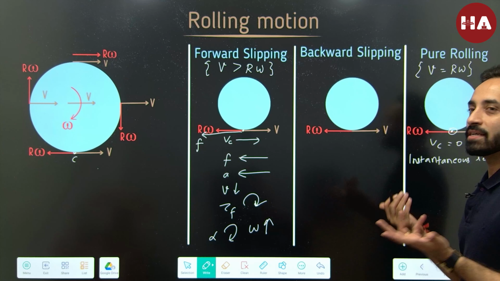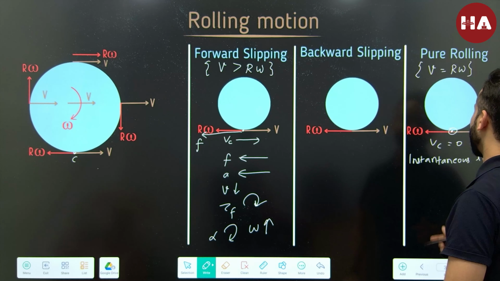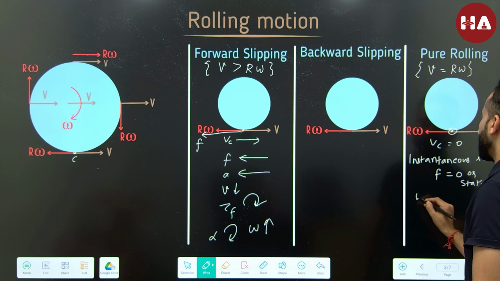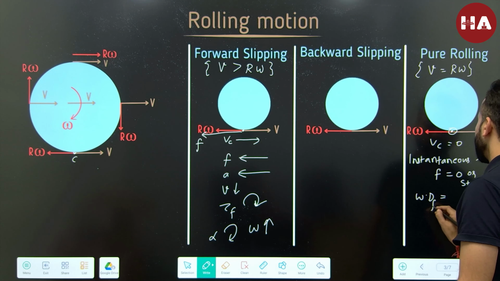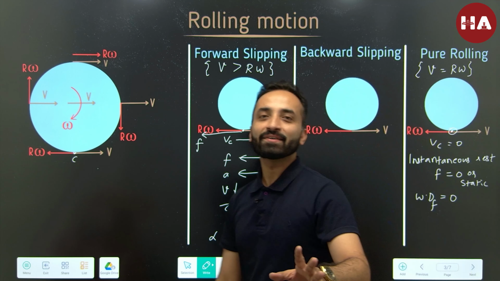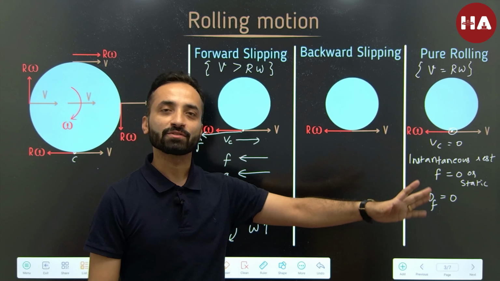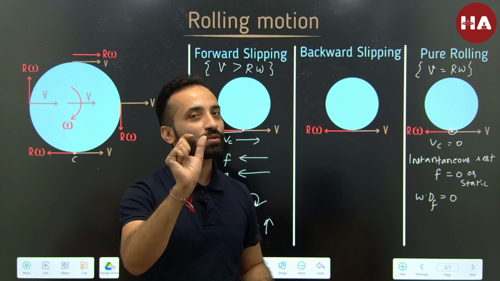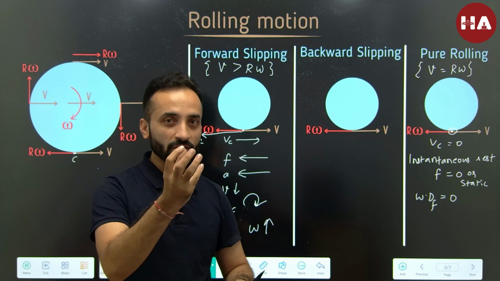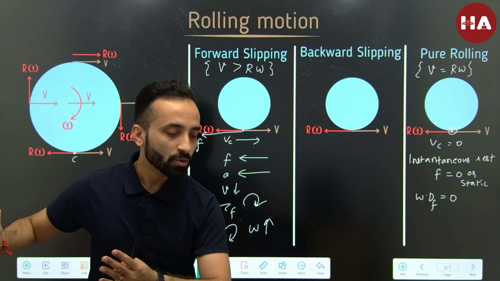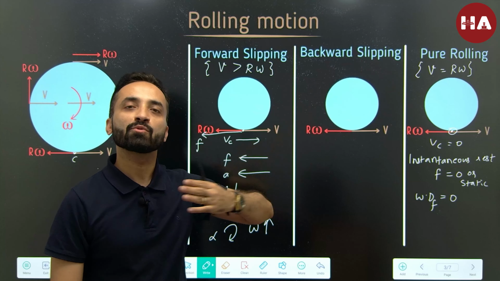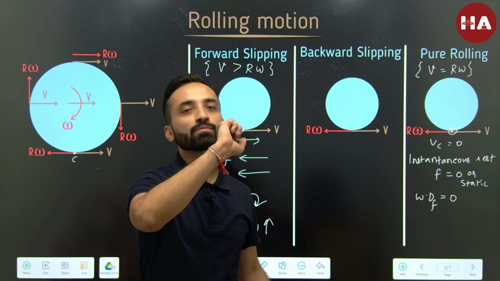So what is the need of friction? There is no need of friction, and we can say that friction is 0 or it is static. Whatever it is, the work done by friction will be 0. So in a way, there will be no energy loss. That is why having rollers is always a good choice. Imagine if rollers or ball bearings are there, you can easily reduce the effect of friction and make the object move to large distances without much effort.